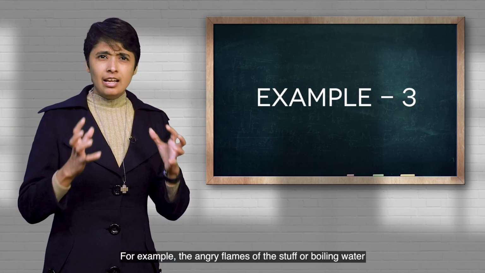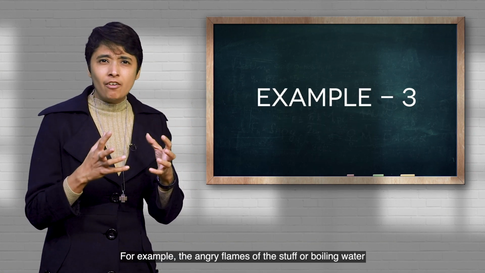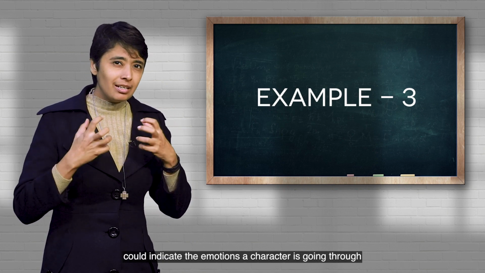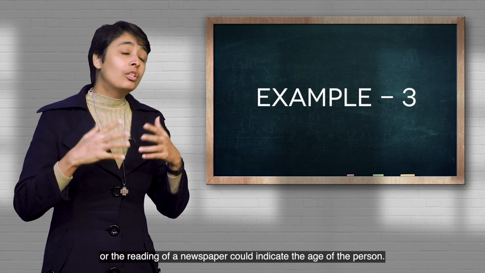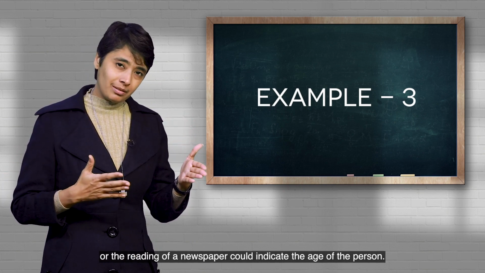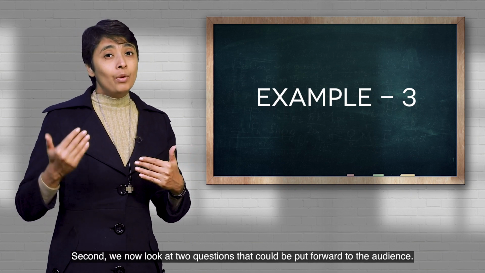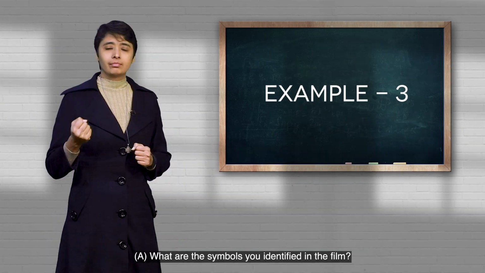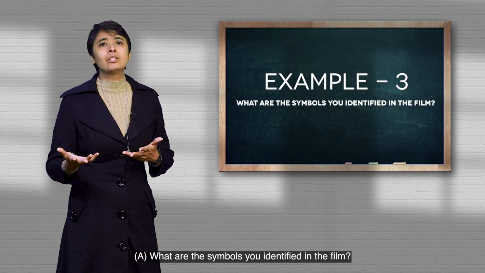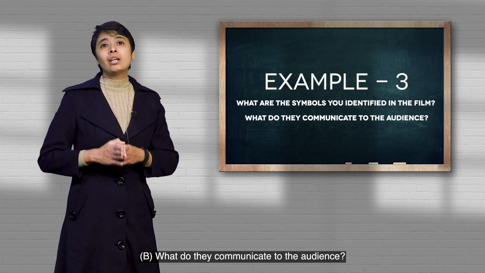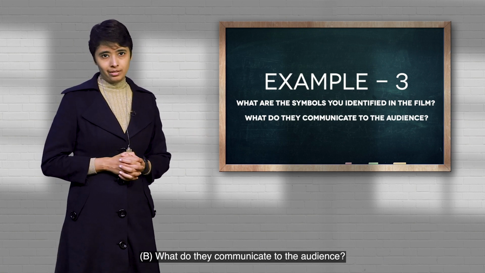For example, the angry flames of the stove or boiling water could indicate the emotions a character is going through, or the reading of a newspaper could indicate the age of the person. Second, we now look at two questions that could be put forth to the audience. A. What are the symbols you identified in the film? B. What do they communicate to the audience?